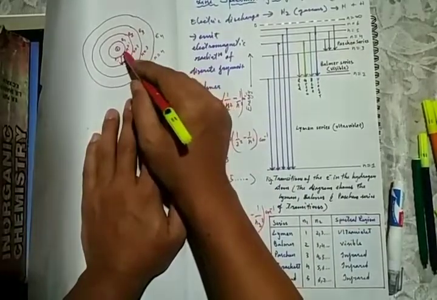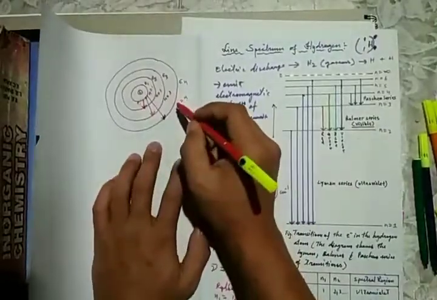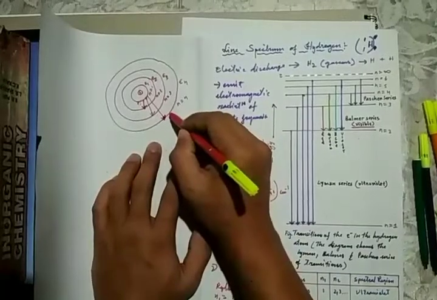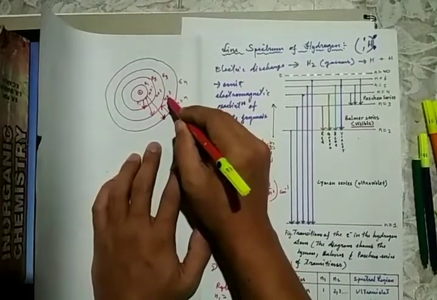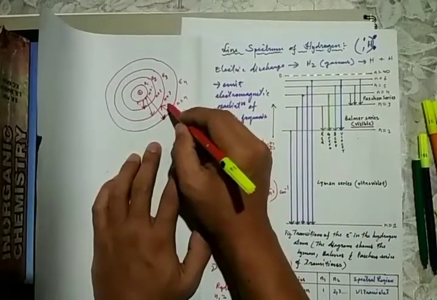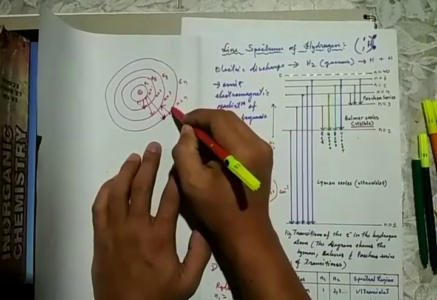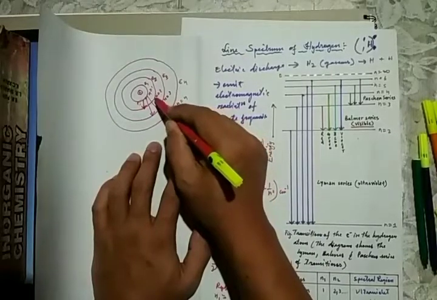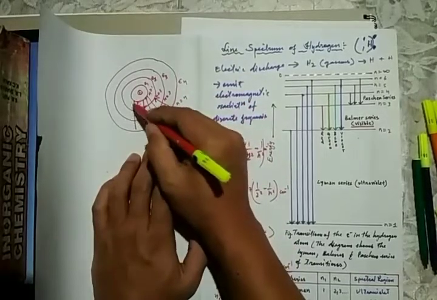Electrons can also gain energy and come back from N4 to N3 shell, or go back like this.